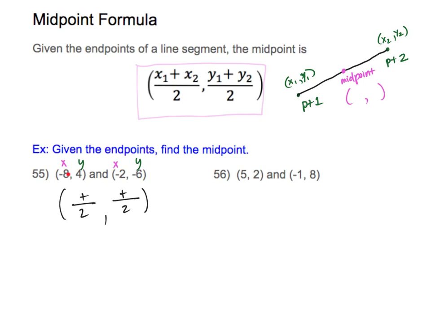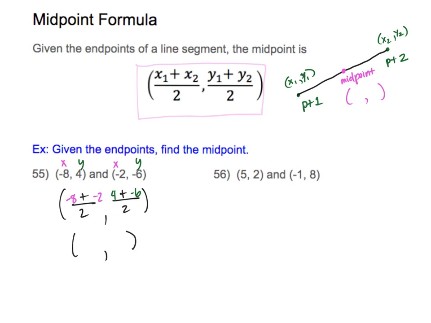So it looks like I have -8 added with -2, and then I have 4 plus -6. So basically all I did was plug in the x's into this equation and the y's into this equation. And now I'm going to simplify.